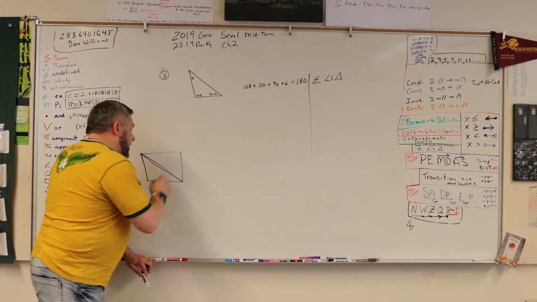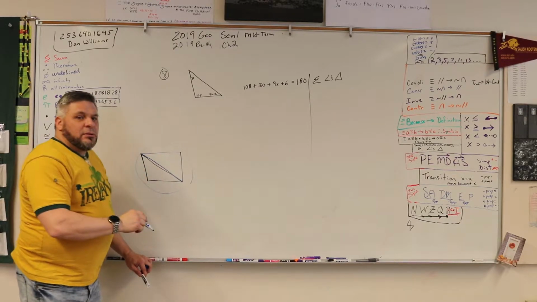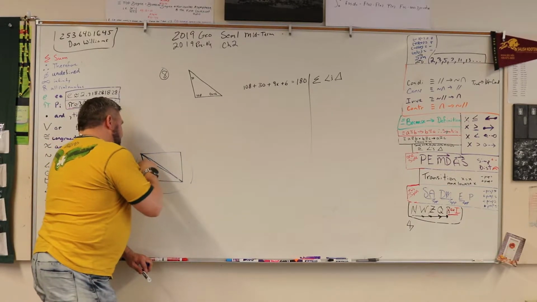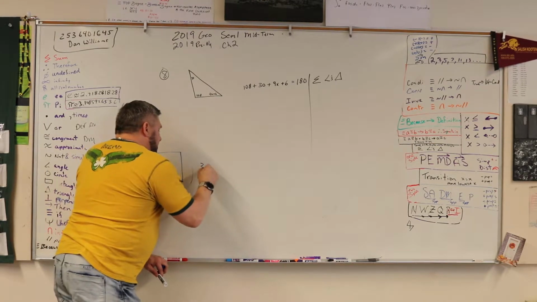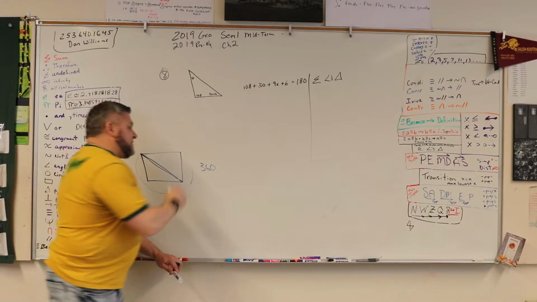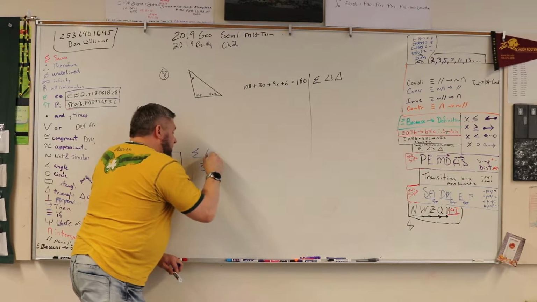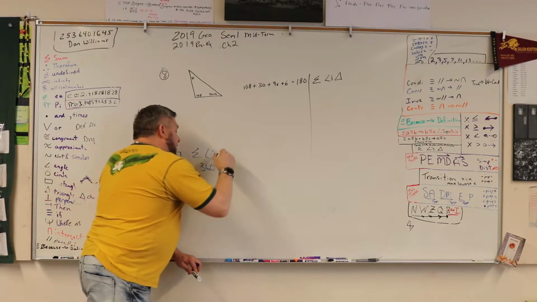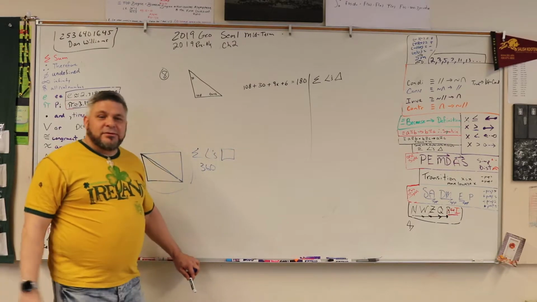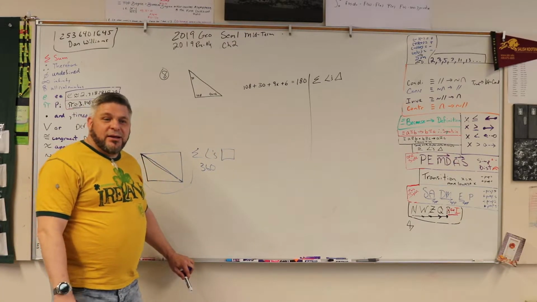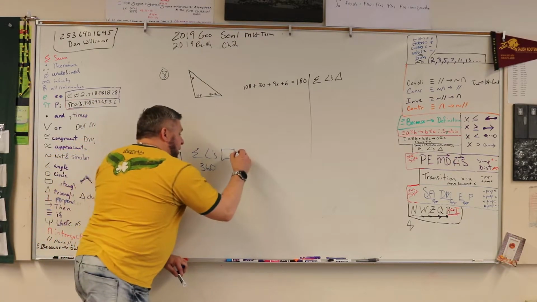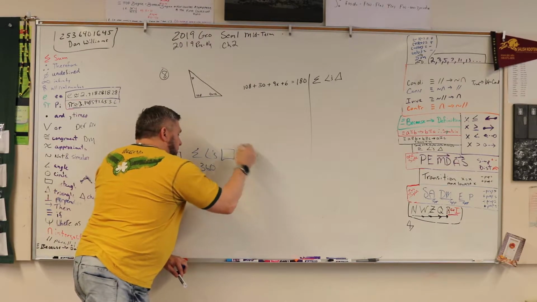Boom. So any quadrilateral, the inside angles would add up to be 360. So that would be the sum of the angles of a quadrilateral, which would equal 360.